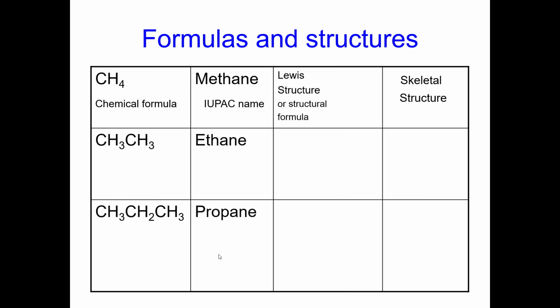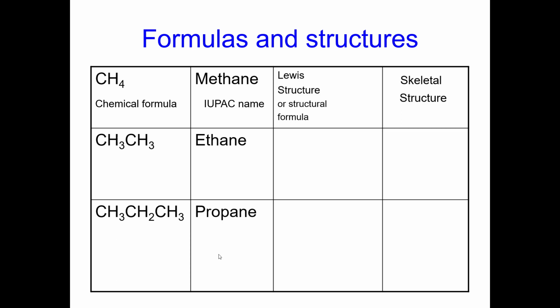In organic chemistry, in chemistry in general, there are numerous ways for us to present our chemicals, our molecules. We can have our chemical formula. So for methane, it's just CH4. For ethane, it's CH3CH3, okay? And we can also have abbreviated formulas for this.